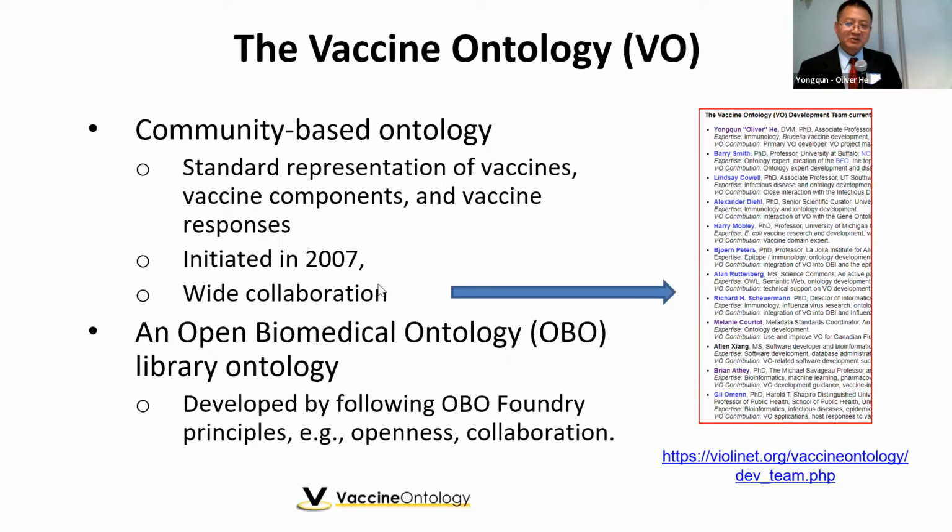And then I want to briefly introduce the vaccine ontology. So it's a community-based ontology. Again, as I mentioned, it was started very early, with my proposal to the IDO meeting in Cold Spring Harbor, 2007. That's the meeting I remember, I think probably forever. It's a wonderful meeting, and it initiated my career as more like an ontologist.